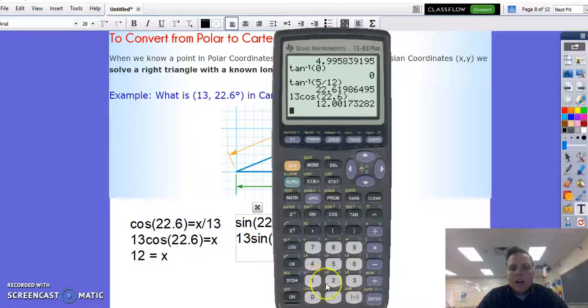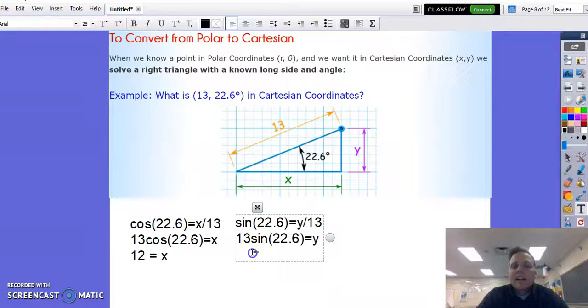I grab my calculator and type in 13 sine 22.6, close the parentheses, press enter, and I get 4.9958. I'm going to round that to 5, so 5 is equal to y. So I know that the polar point 13 comma 22.6, where r is 13 and theta is 22.6, is the same as the Cartesian point x, y as 12 comma 5.